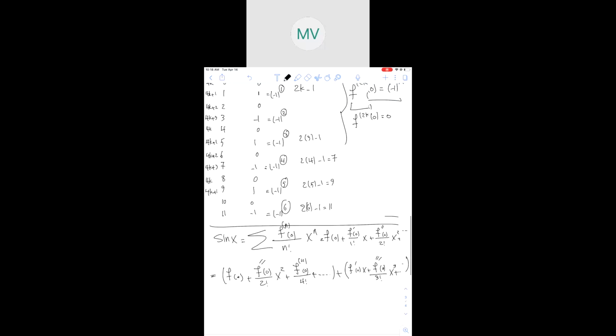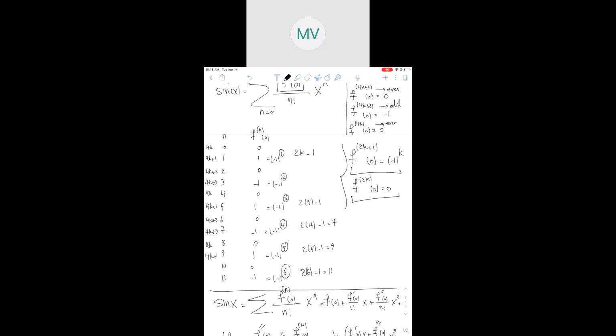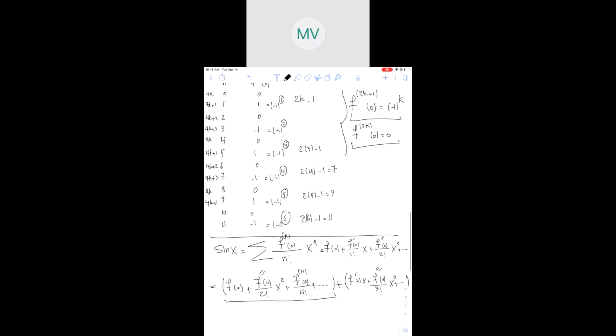Now, based on what we found above, what's the value of that giant parenthesis? It has all the even indices. Yeah, it's 0, because we saw that all the even order derivatives of sine at 0 are simply 0. So this giant thing is 0.